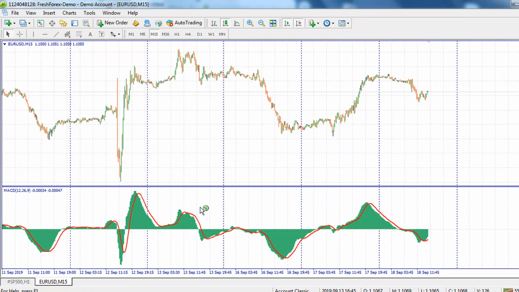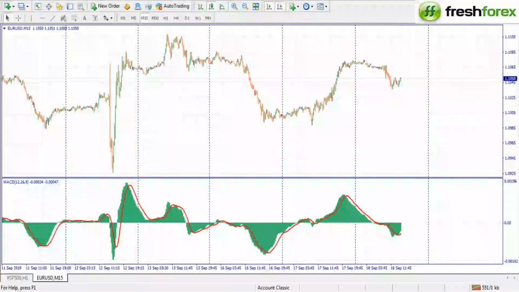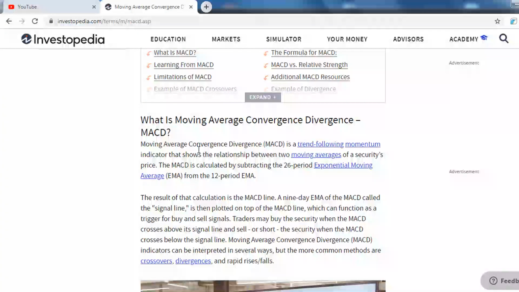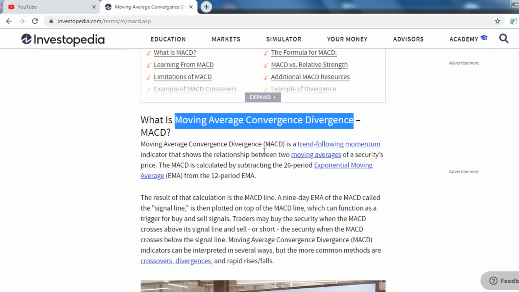The first thing, I want to find out exactly how they define MACD online. So what is moving average convergence divergence? MACD is an abbreviation of this, and this is how it's defined.